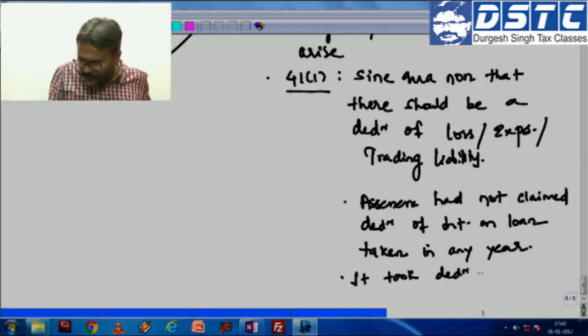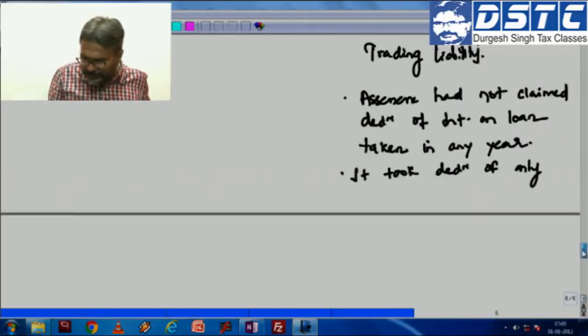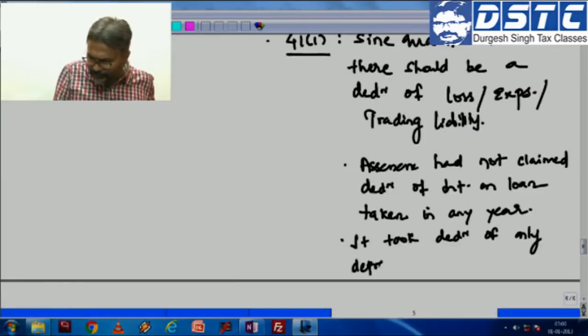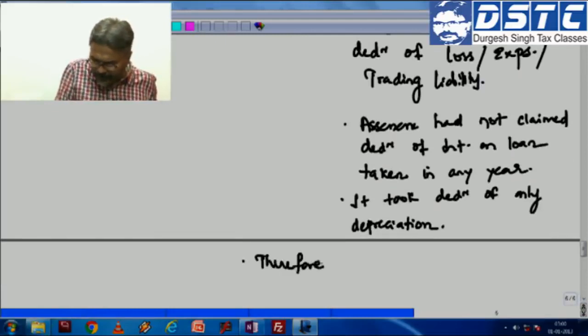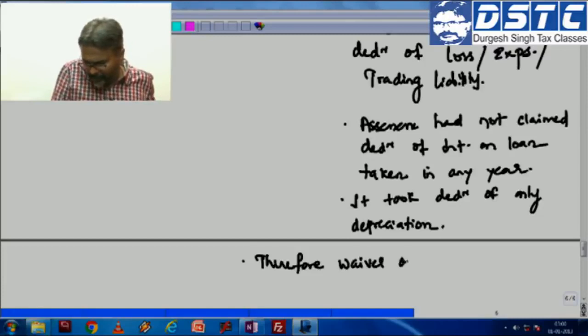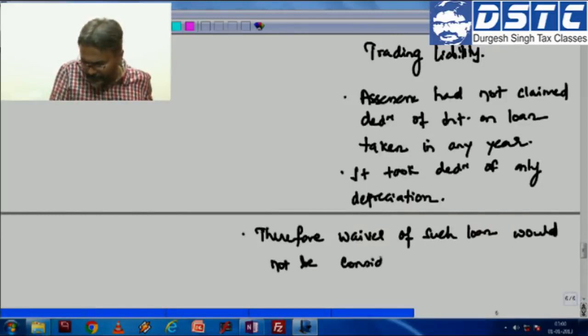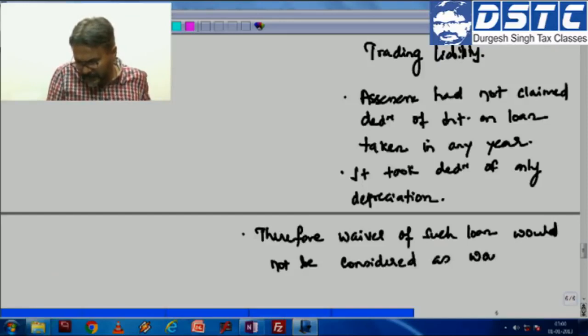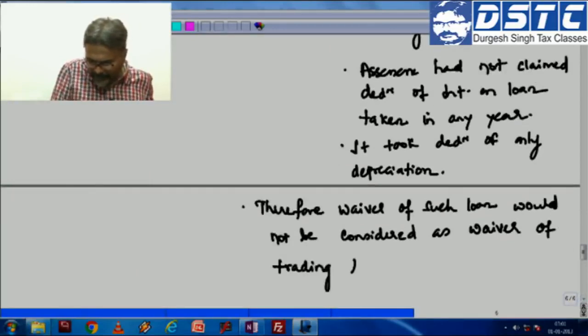It took deduction of only depreciation. Therefore, waiver of such loan would not be considered as waiver of trading liability.